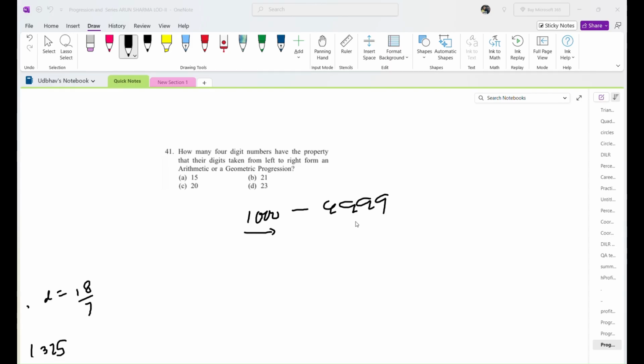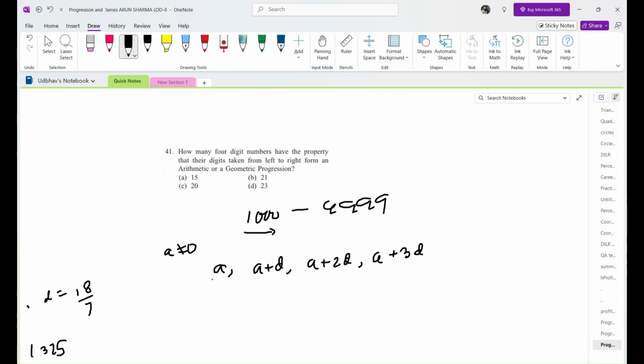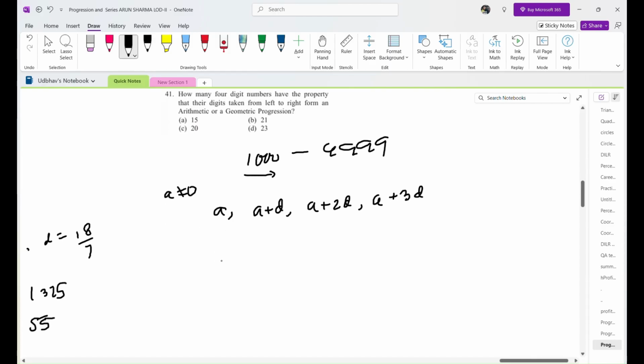So we'll check all the numbers. If the digits are in AP, then they should be like A, A plus D, A plus 2D, A plus 3D, and A cannot be equal to 0, because if A equals 0, then the number will be 0 followed by some number here, some number here, some number here.